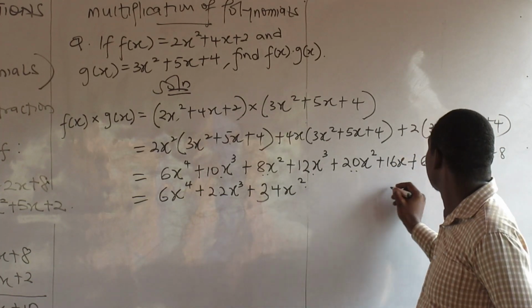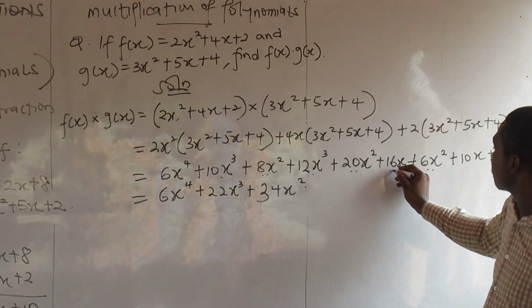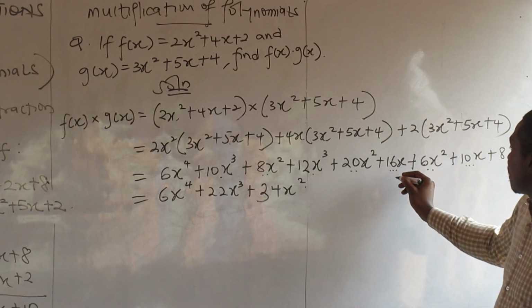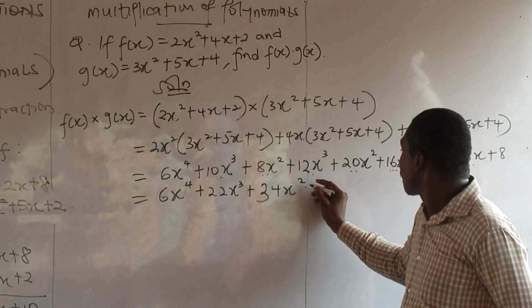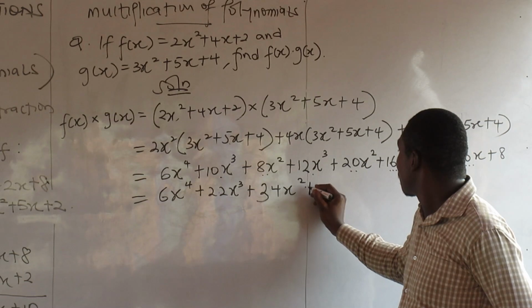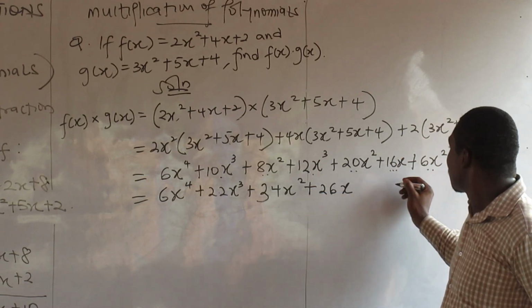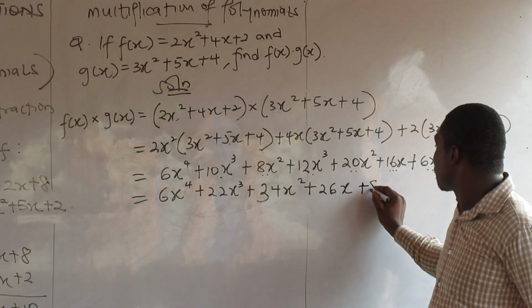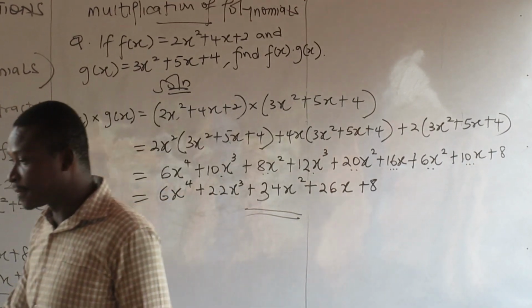And a single x. And that is all. Single x. So this will give me plus 26x. A single number called 8. Welcome to multiplication in polynomials.